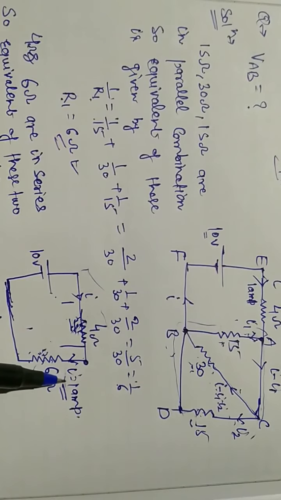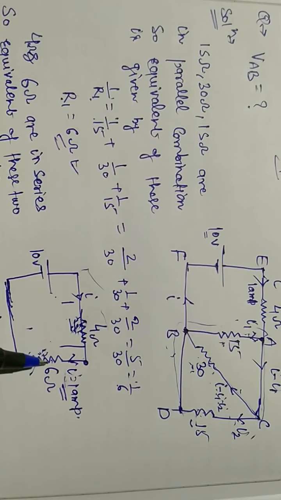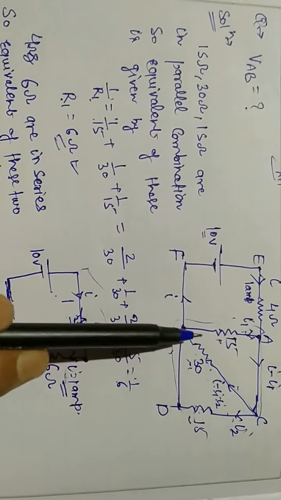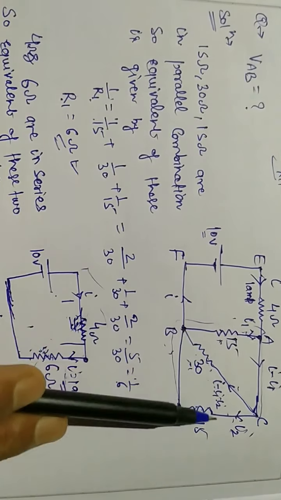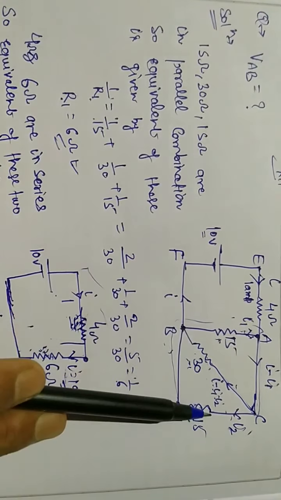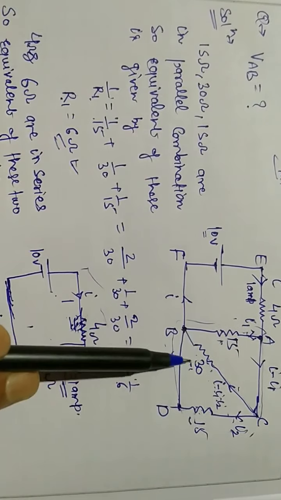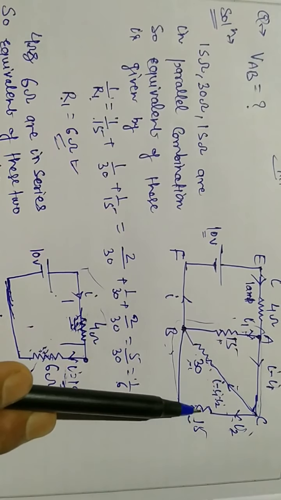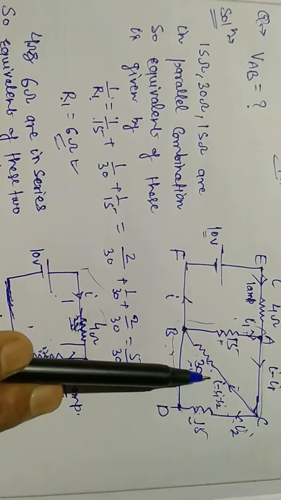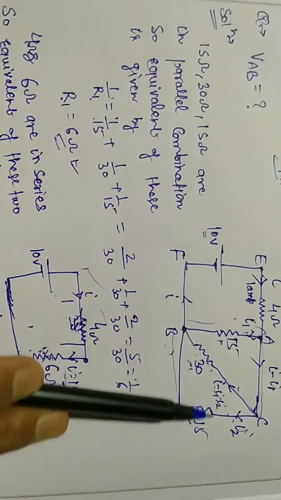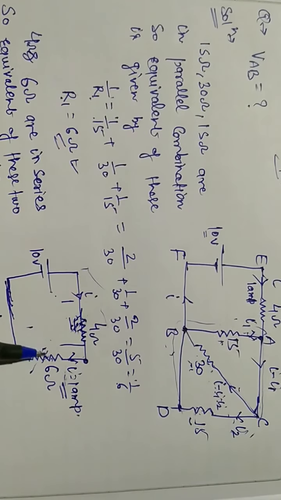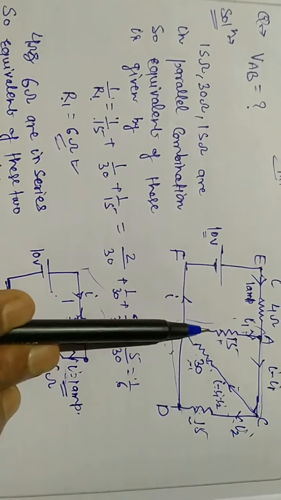But if this 6 ohm resistor is broken into these three parts, 15, 30 and 15, after using the formula for parallel combination you will get the same result, that is 6 ohm. It means this 6 ohm can be broken like this.